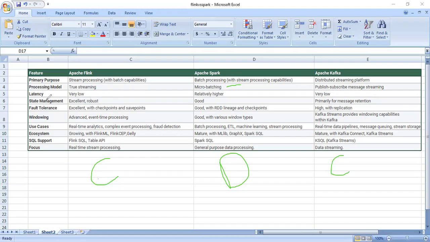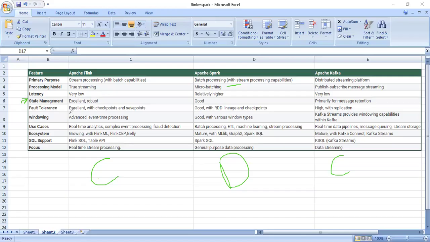Fine. What are the other things that we have here? When it comes to working with streaming data, the concept of state comes into the picture. When we take that state into consideration, Flink offers excellent control and capabilities to deal with state management in comparison to Spark.